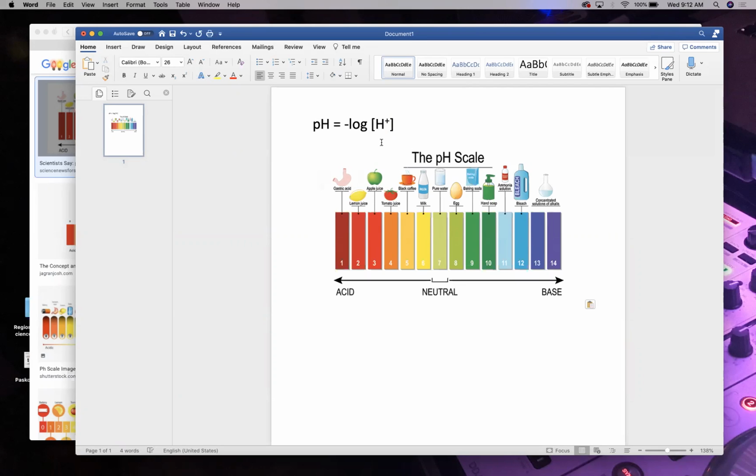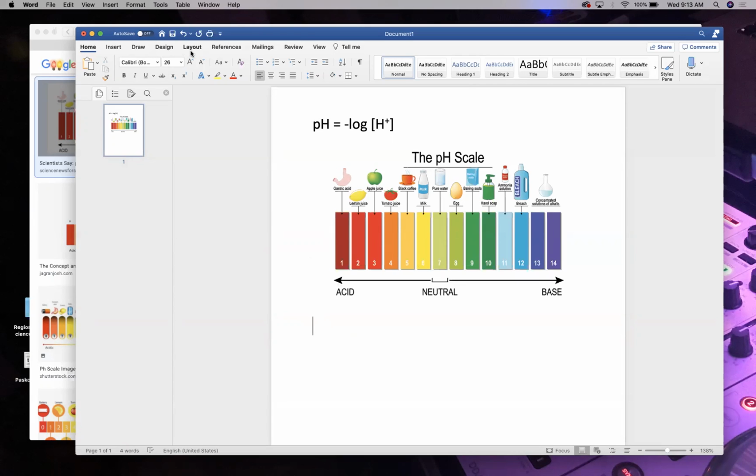And pH measures how much hydrogen ion there is. So if there's a lot of hydrogen ion, which is on the acidic side, so neutral is 7, somewhere in the middle. But if something's acidic, the closer it is to 1, that's super acid.